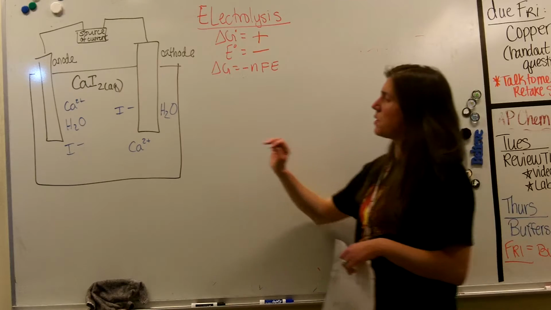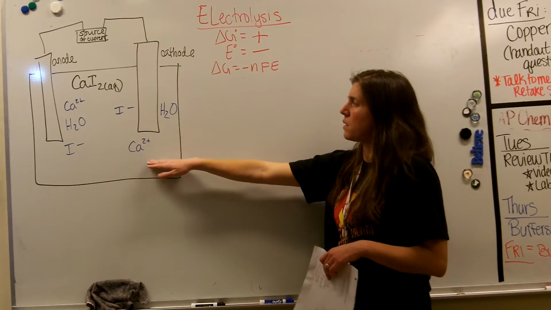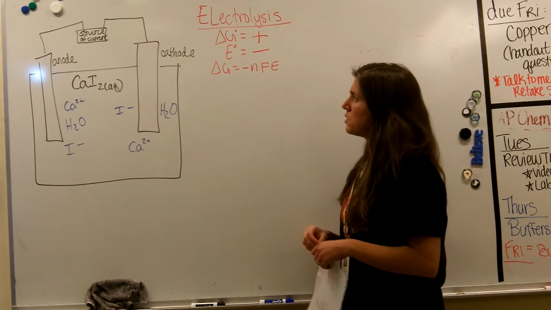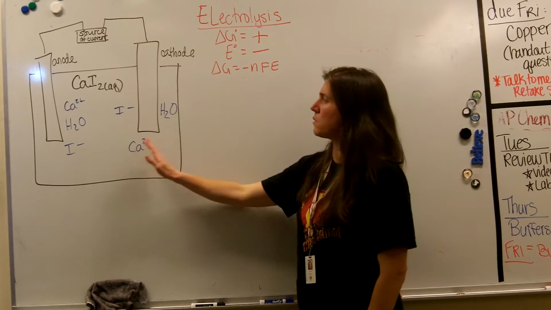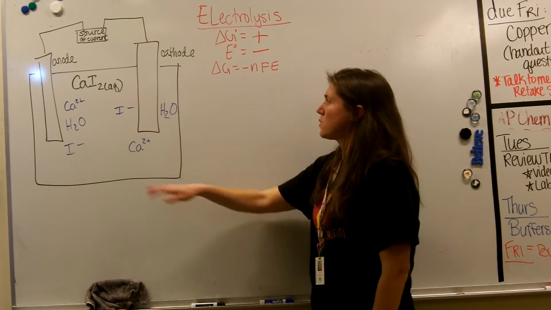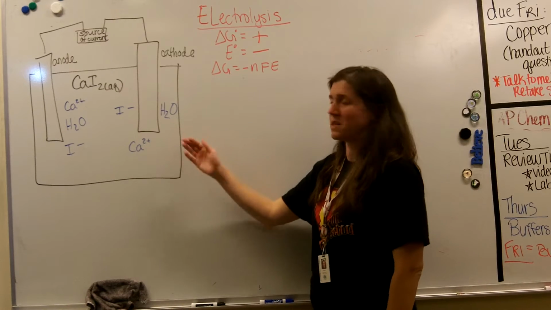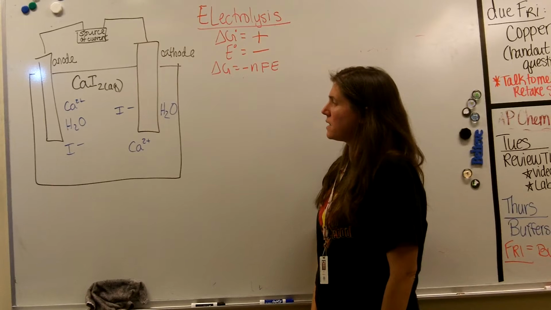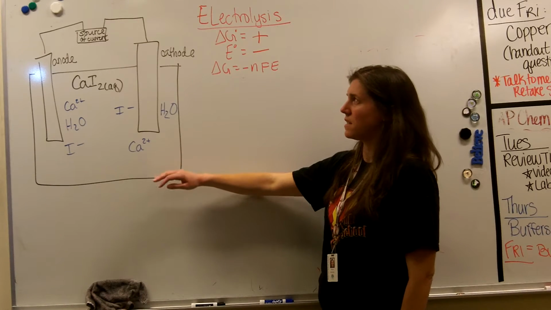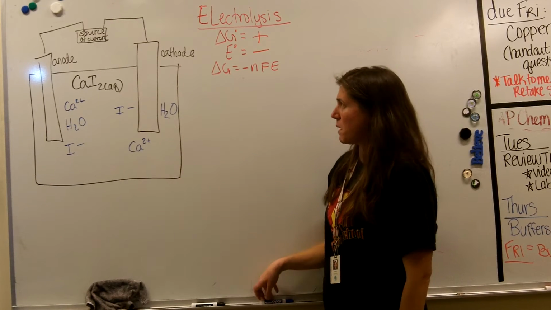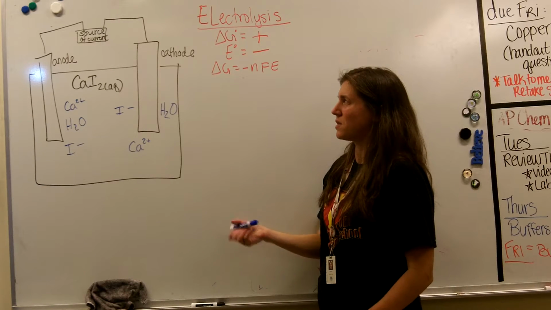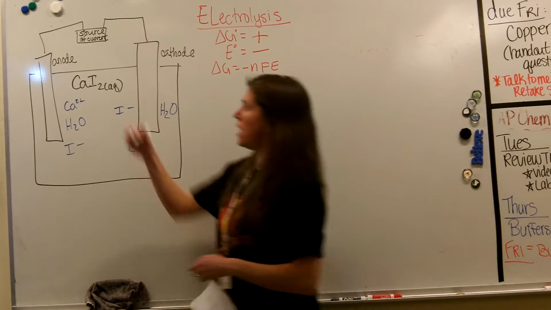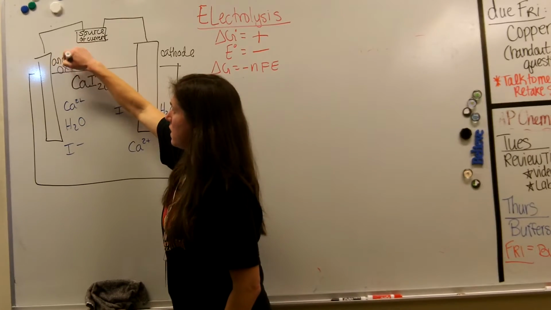Let's say you are going to hook up a current to an aqueous solution of calcium iodide. So similar to our voltaic cell, we've got an anode, we've got a cathode. In this case, those are likely to be made of an inert material such as platinum. And the same thing happens in an electrolytic cell as in a voltaic cell. So remember in terms of the anode and cathode, remember An Ox: at the anode, oxidation is occurring.